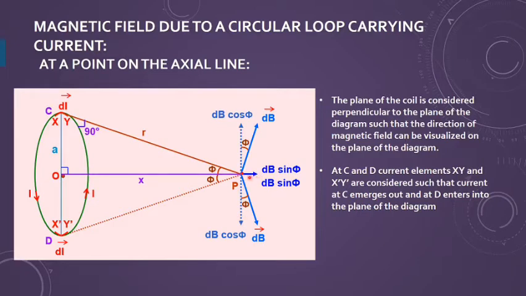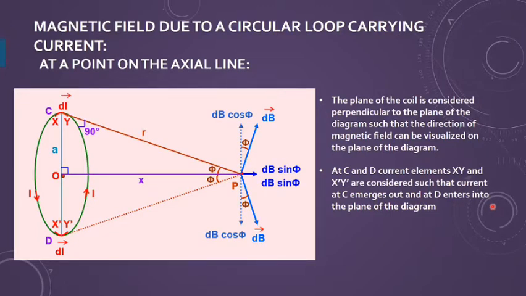And of course you can see that the dB cos phi components of the opposite current elements get cancelled, but the dB sin phi components are added. So this diagram is very important. You need to understand this diagram, and of course we are supposing the plane of the coil is perpendicular to the plane of the diagram. I have shown it to you, so you can understand the thing, I think.